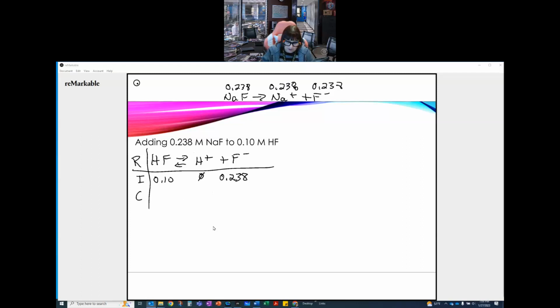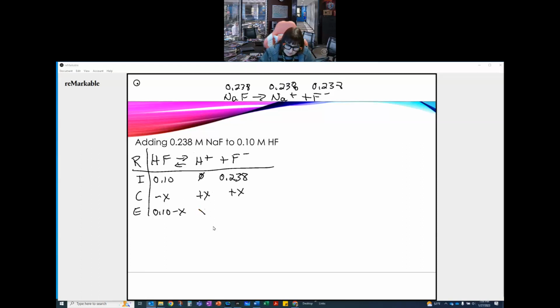I still have the same change. So it's going to be a minus X here, plus X here, and a plus X here. At equilibrium, based on the table, I have 0.10 minus X. And all I'm doing to get this equilibrium row is to add the two rows above it. That's it.